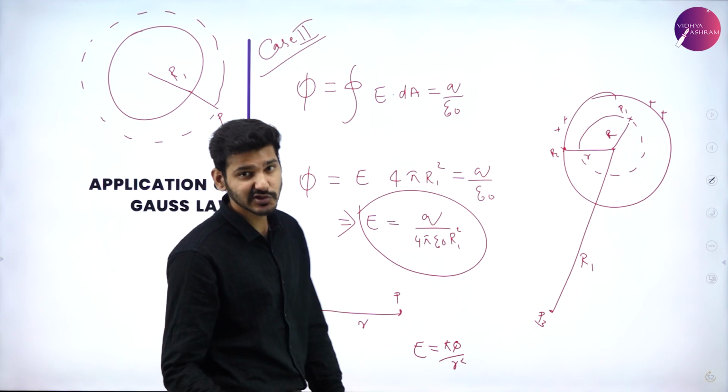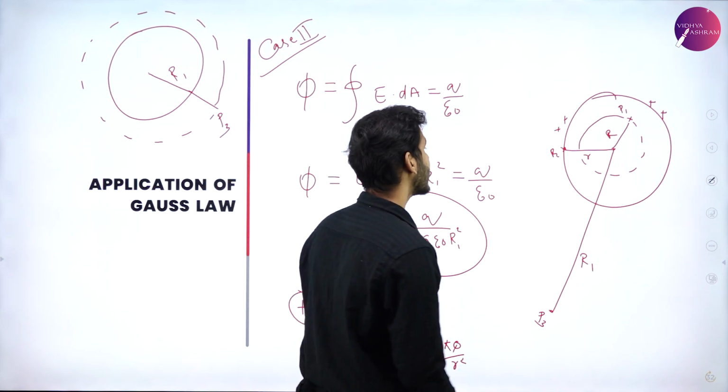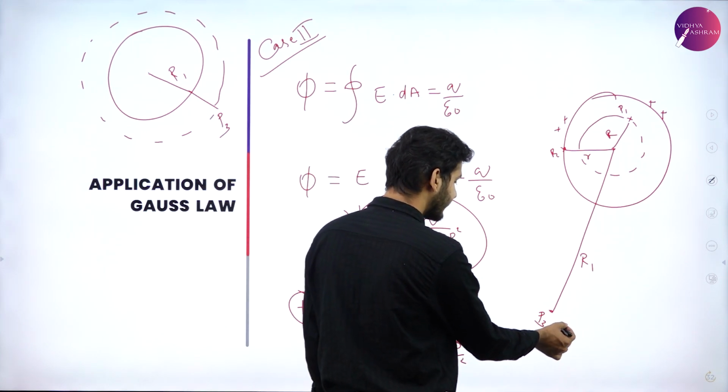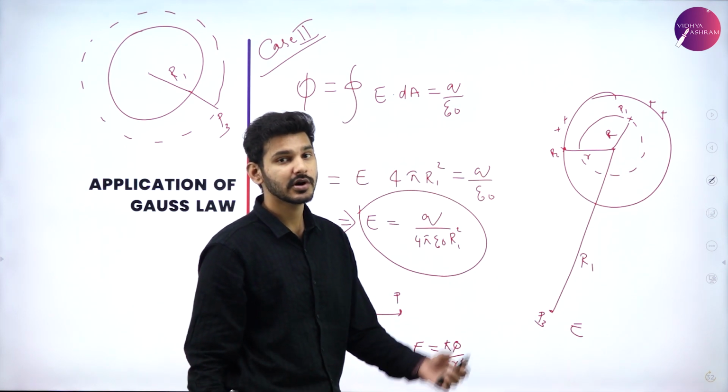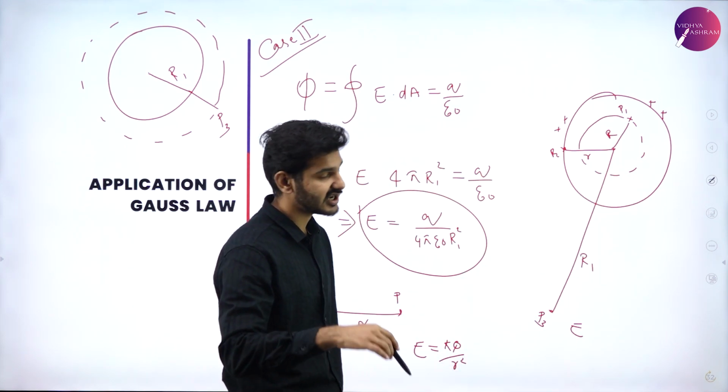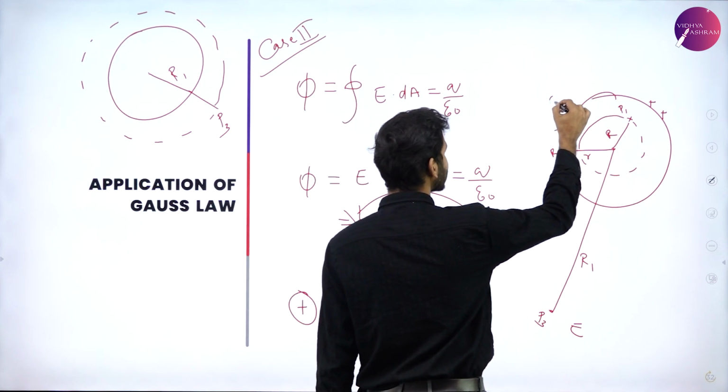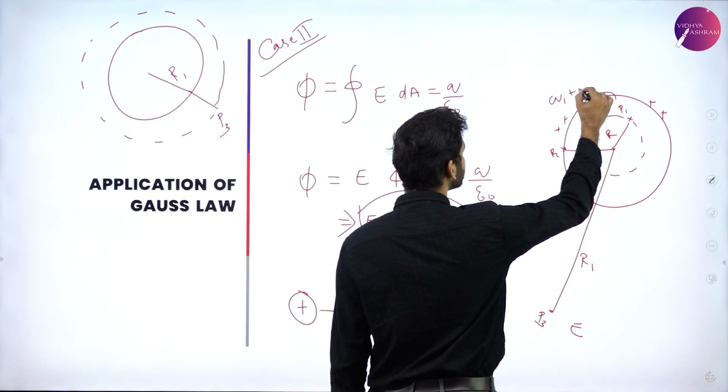So what does this actually mean? It means that if we are considering an electric field at, let's say, r distance away from that particular sphere, which is uniformly charged, it doesn't matter if it has n number of charges, q1 plus q2 plus qn.